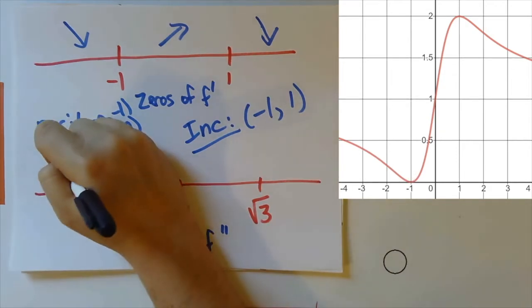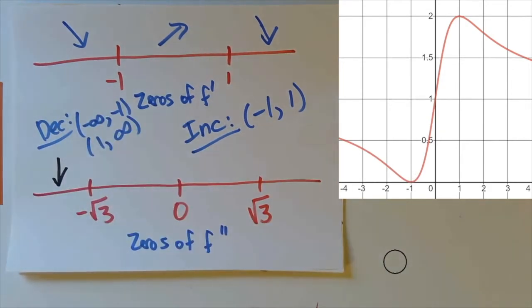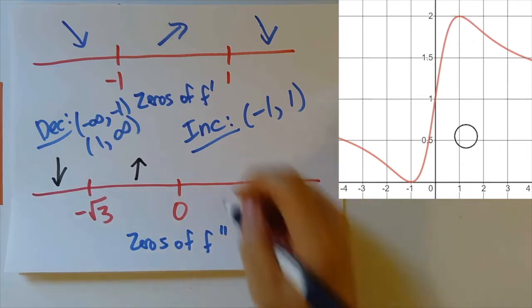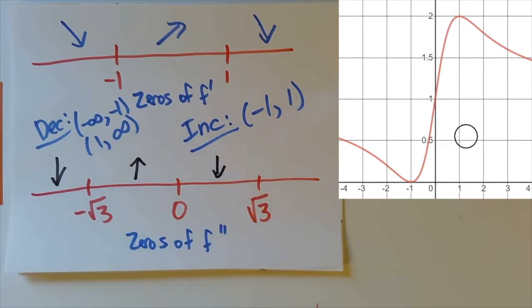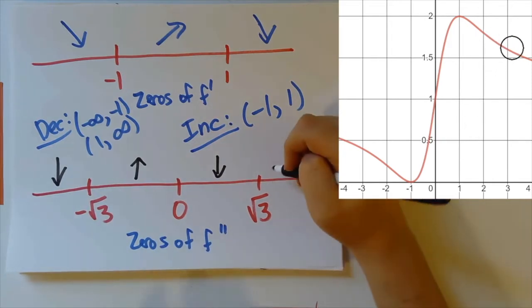So here the function is concave, and I'm going to put a straight down arrow to indicate concave down. Okay, and that transitions to a concave up somewhere around here. Okay, so then it's concave up, which then swaps backward to concave down here at 0, as you can see, and then switches back to being concave up over here.